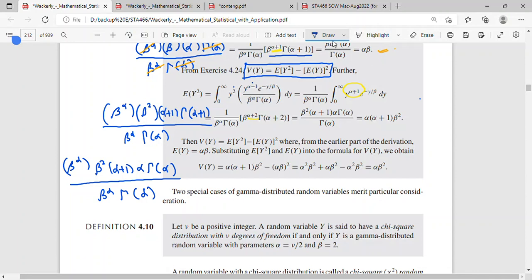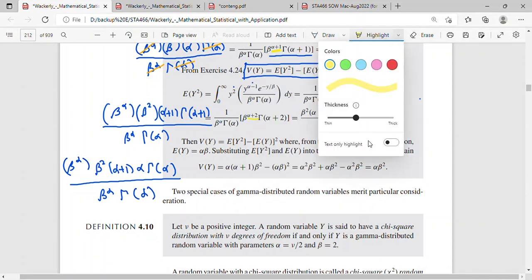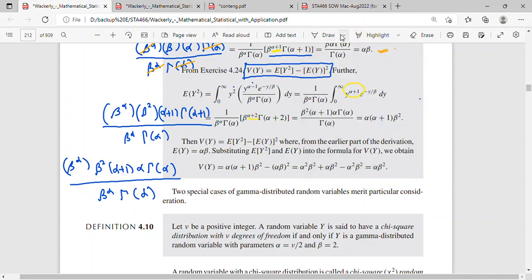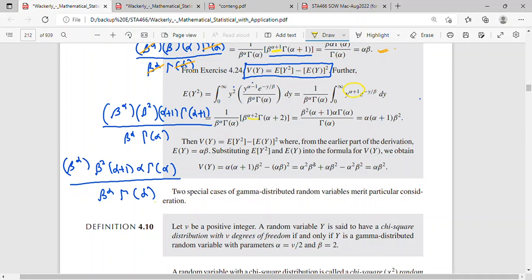Okay, so from here we can eliminate beta gamma alpha. So tinggallah beta square multiply alpha plus 1 multiply alpha. Dapat, ini baru expected of y square.